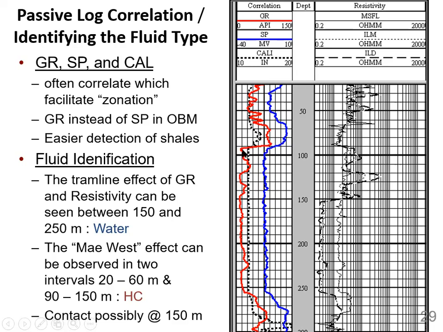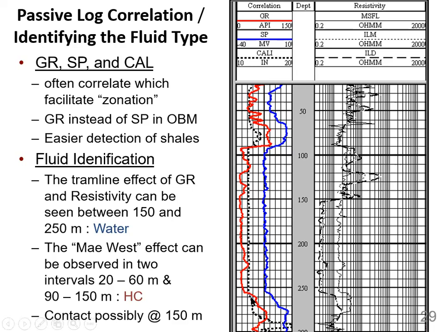And then you could use them for some zonation, that's to demarcate the different zones. So you see from about 90 here, this is about 90 meters, down to about 250, 255, thereabout. This is all sand.